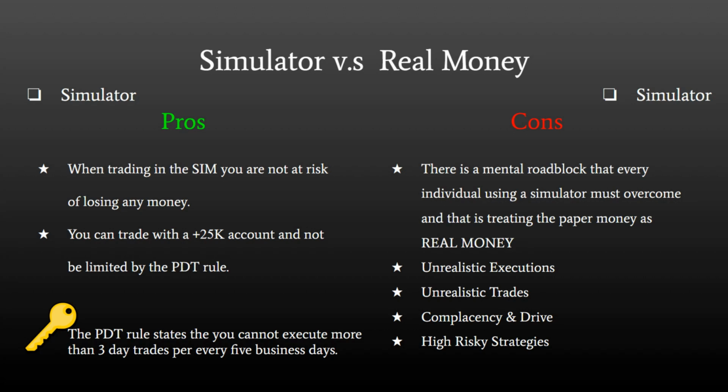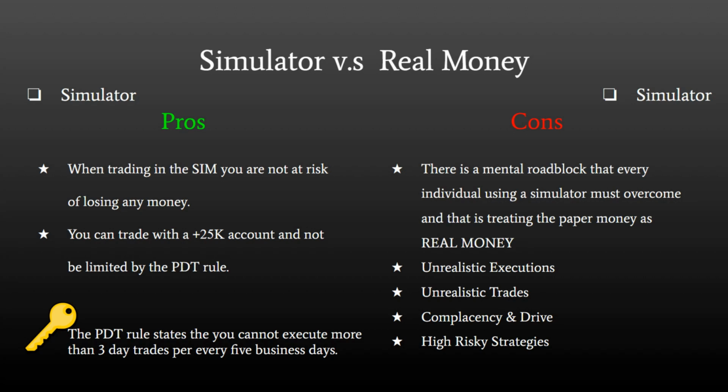In the simulator, you can literally take as much size as you want without any slippage or simply not being able to be filled. So to give you guys a real scenario, right? Stocks with about 1 million shares outstanding, it is very difficult to even take about 80,000 shares using real money. And in the simulator, you can literally take 900,000 shares.